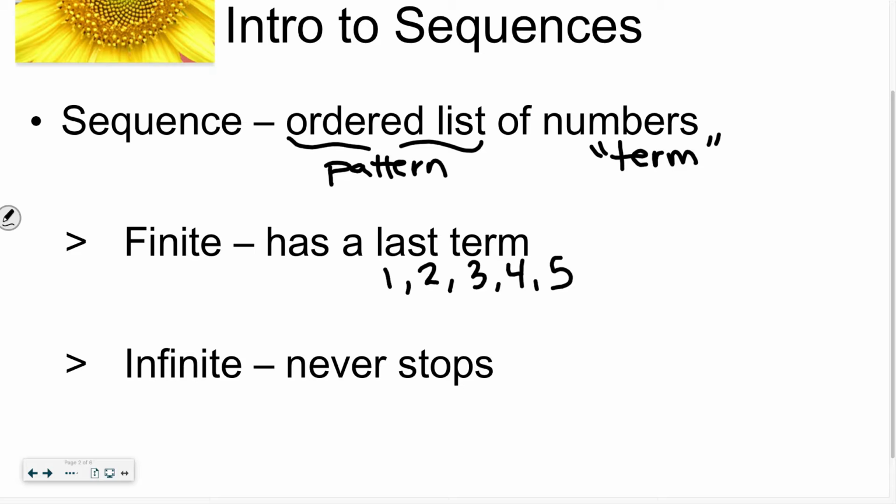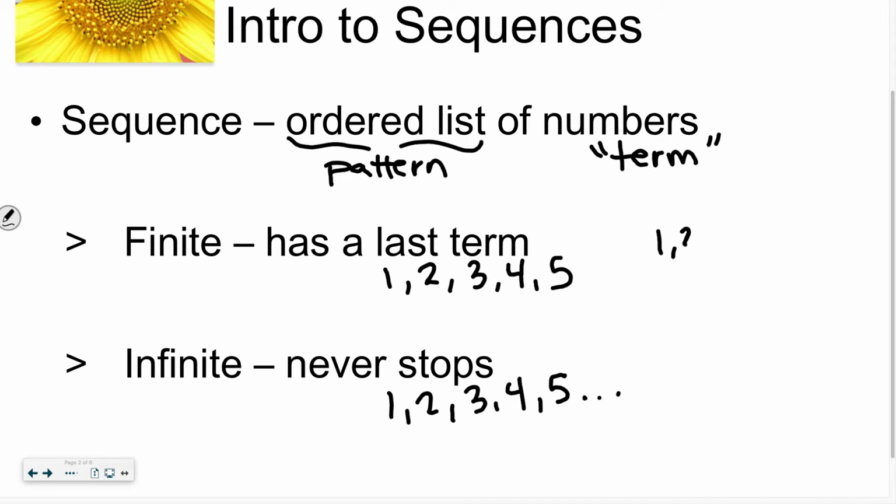Now, how do I tell the difference between a sequence that's finite, where I should end at 5, and a sequence that's infinite, where it keeps going? That's what we saw on the previous slide. After 5, we put a dot, dot, dot. It's just saying, keep going, 6, 7, 8, 9, 10. And sometimes you might have a finite sequence with more than just 5 terms and you don't want to write them all out.